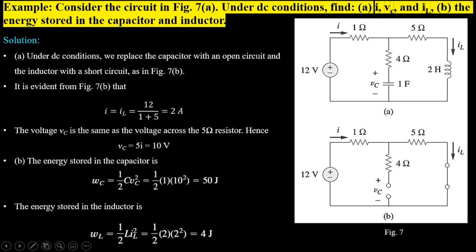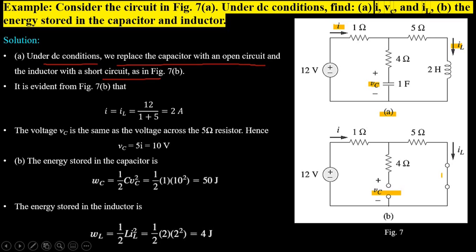Now in the next example, for the circuit given in figure 7 under DC condition, in the first part you have to find the current I, the voltage across the capacitor and the current flowing through the inductor, and in the second part you have to find the energy stored in the capacitor and inductor. To start the solution under DC condition, we will replace our capacitor by an open circuit and the inductor by a short circuit as shown in figure 7b.